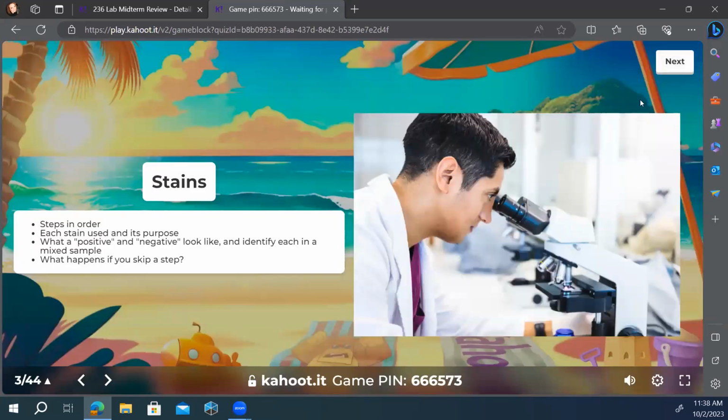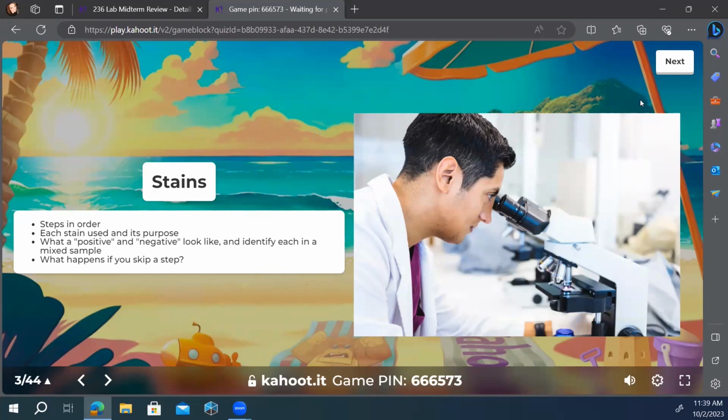All right. With the stains, I'm going to get into each of them, but you're going to want to know the steps. If we're looking at a gram stain, you'd want to know: heat fix your slide, then crystal violet, then the iodine, then the alcohol, and then the safranin, and then you look at it. There are rinses in between, but that's not quite as important.